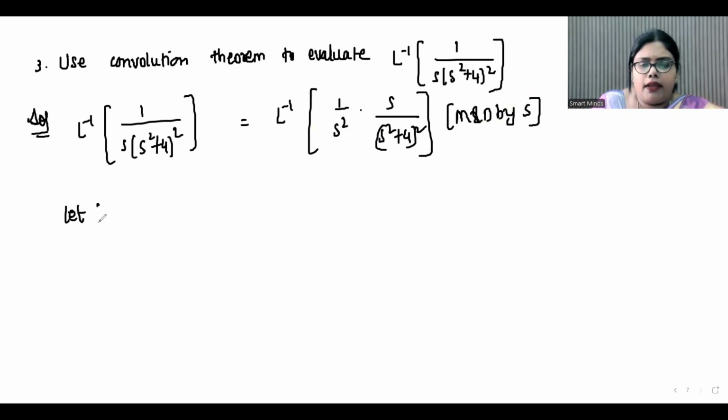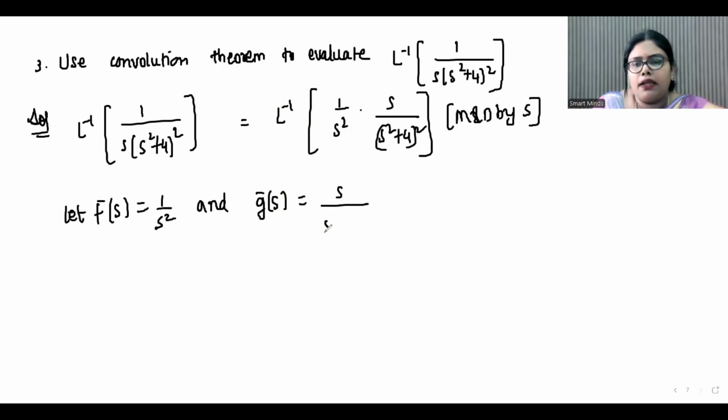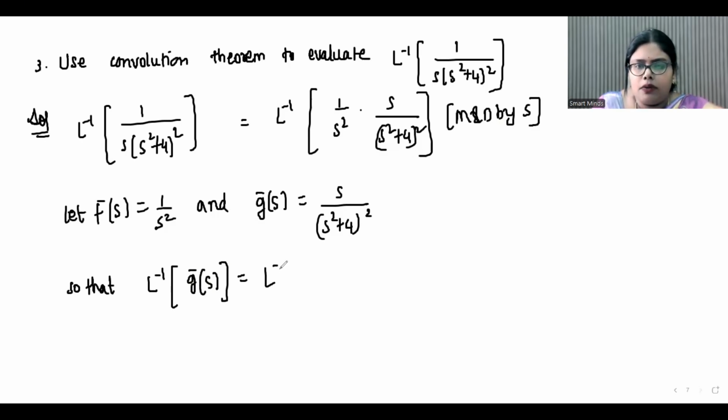Let f bar of s be 1 by s square and g bar of s be s by (s square plus 4) whole square. Then L inverse of 1 by s square is equal to t; let's say this is g of t.